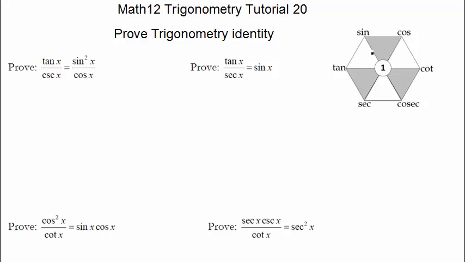The diagonal pairs, sine and cosecant, are reciprocal functions, so sine times cosecant equals 1. Secant times cosine equals 1. Tangent times cotangent equals 1. Also, tangent equals sine over cosine. So the trick for this kind of question is to convert everything to sine and cosine functions.